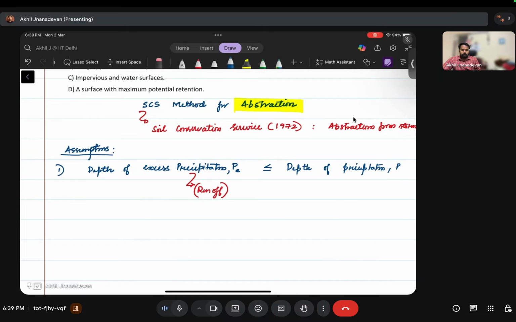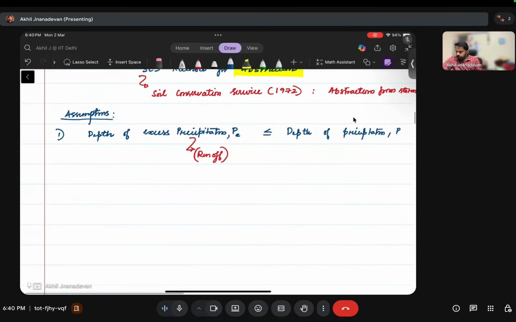Whatever excess runoff is happening will be less than or equal to precipitation. If there are no losses, they will be equal. They cannot be greater than. So that is one thing.